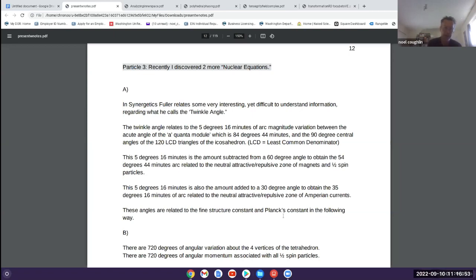This 5 degrees 16 minutes is the amount subtracted from a 60-degree angle to obtain the 54-degree 44 minutes arc related to the neutral attractive repulsive zone of magnets and half-spin particles. The 5 degrees 16 minutes is also the amount added to a 30-degree angle to obtain the 35 degrees 16 minutes of arc related to the neutral attractive repulsive zones of Amperian currents. These angles are related to the fine structure constant and Planck's constant in the following way.